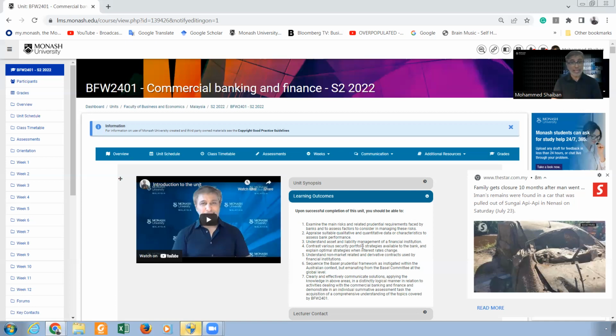So this is the third category of the learning objectives of this unit: specialness, risk management, and regulation. And over all that, we will also understand how we can evaluate the performance of banks. So it's 4 parts, which all those learning objectives help us to do.